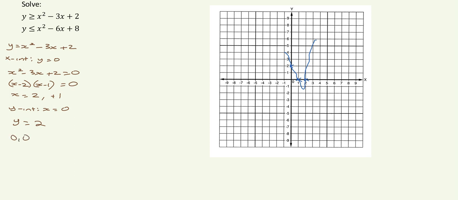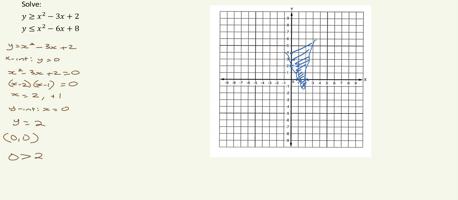So we use the point 0, 0 to see if 0 is greater than 2, which is false. So every part of the graph that has the origin does not work, so it's going to be inside of the graph.